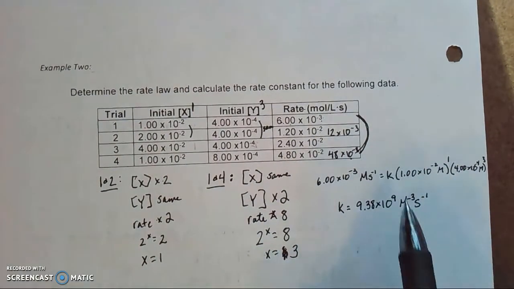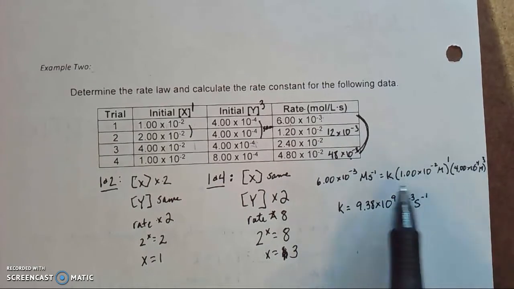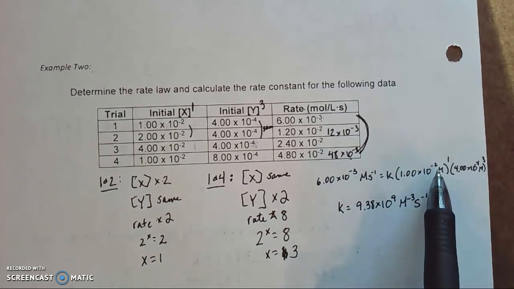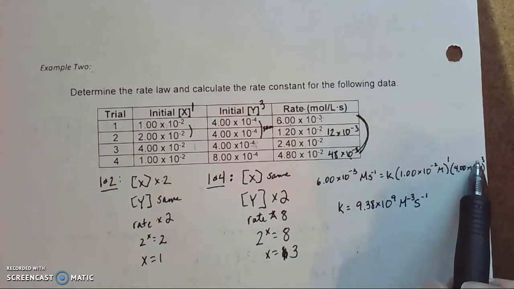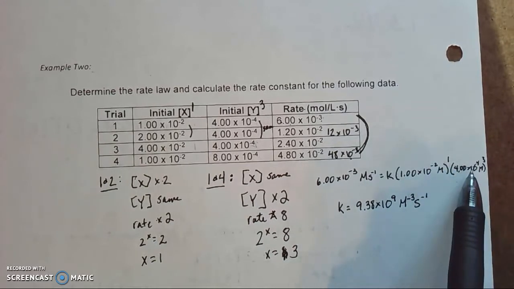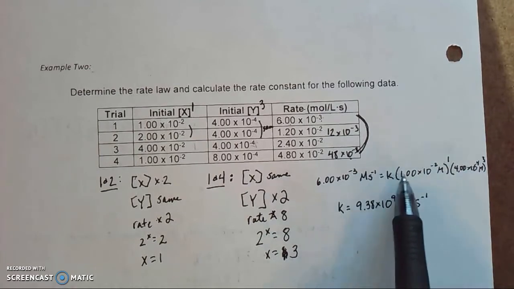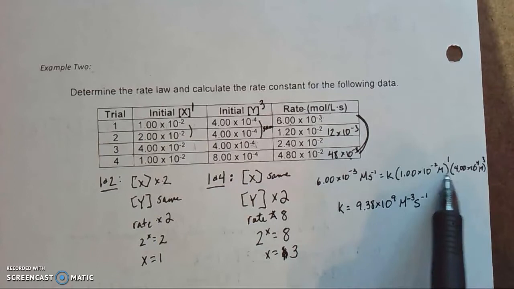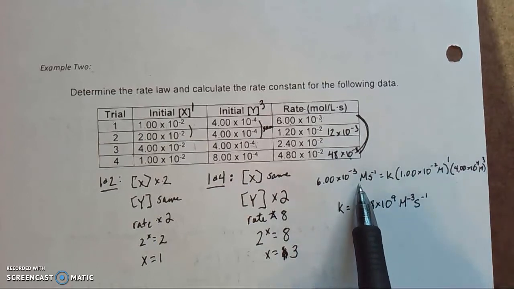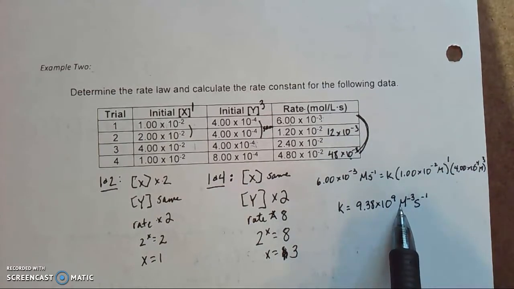And if you start looking at this and you count the number of M's on each side, we have M to the first, so that's 1 M, and we have an M to the third, so that's 4 M's on this side and 1 M on this side. So when we divide both of these sides, it'd be M over M to the fourth, which gives us 1 over M to the third, or M to the minus third.